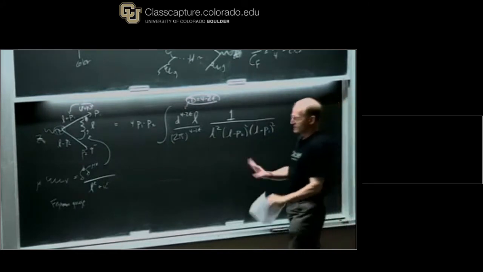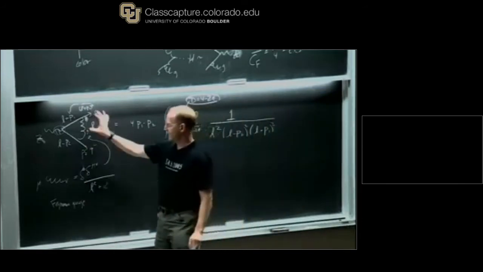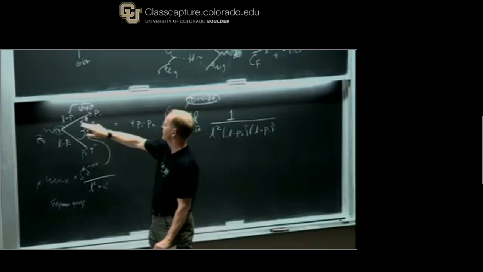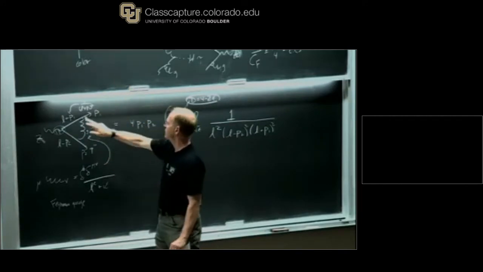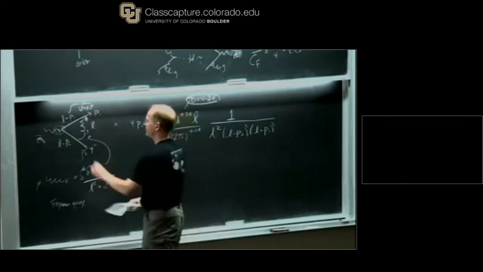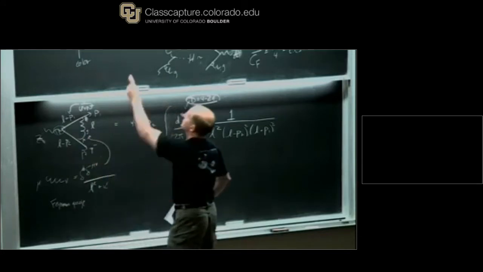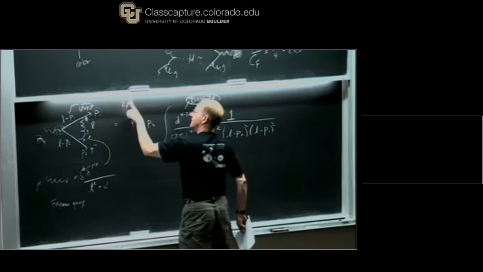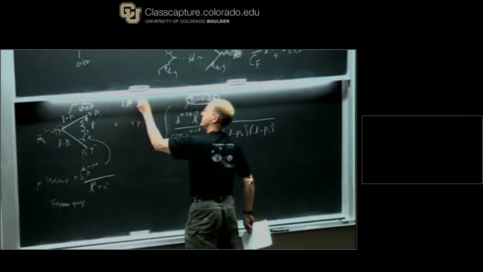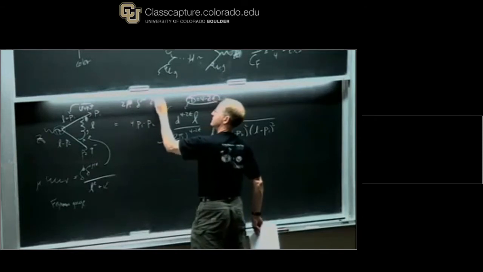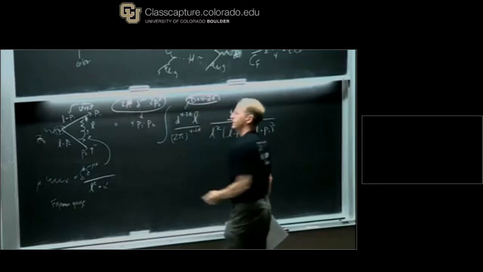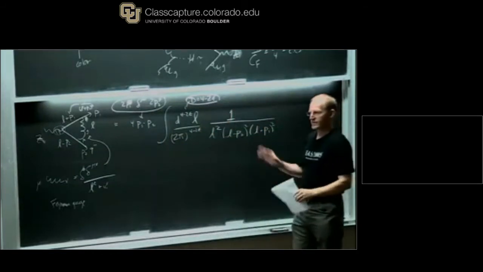In other words, in the soft limit, all the numerator algebra became trivial because it was just proportional to these external momenta. I get a factor of 2 p1 nu from here, and a delta mu nu in between, and a 2 p2 mu from the other one. But it has no dependence on the loop momenta in the soft limit.